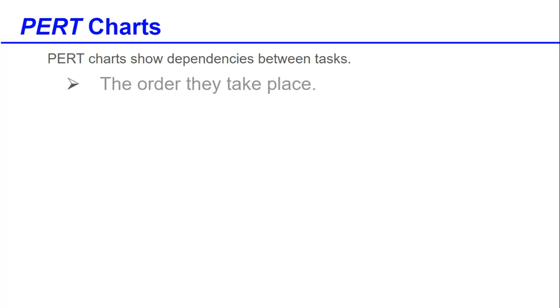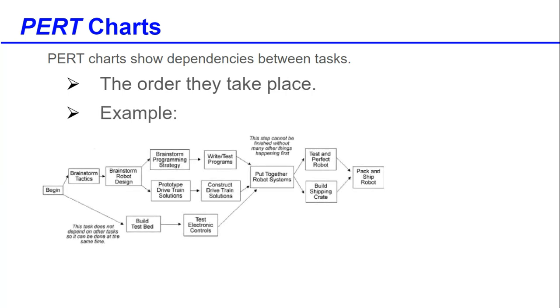Once you finish with your timeline, then you're going to construct a PERT chart. And a PERT chart shows dependencies between tasks, the order that they take place. So for example, if you look at this chart right here, you can see where our beginning phase takes place, and then you can see how certain tasks have dependencies on other tasks. You cannot start your brainstorm programming strategy until you finish your brainstorm robot design.